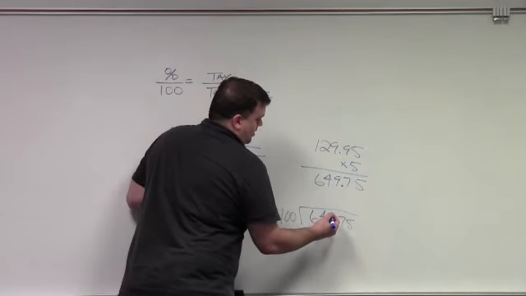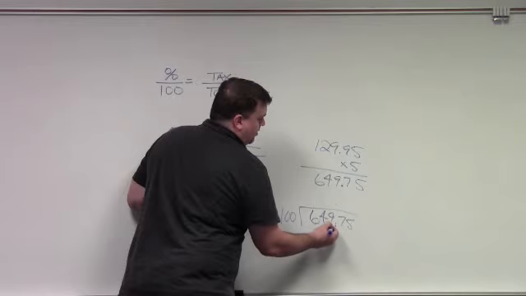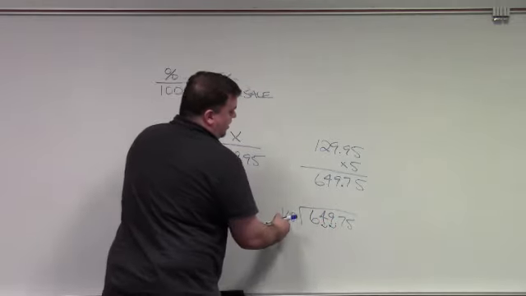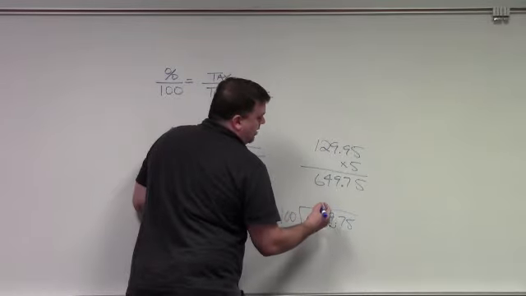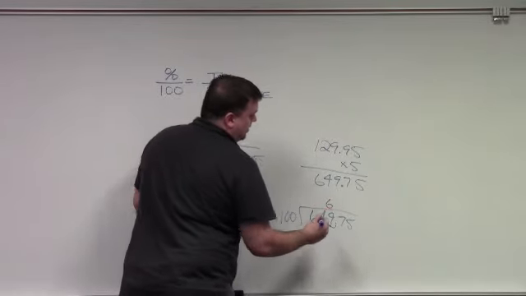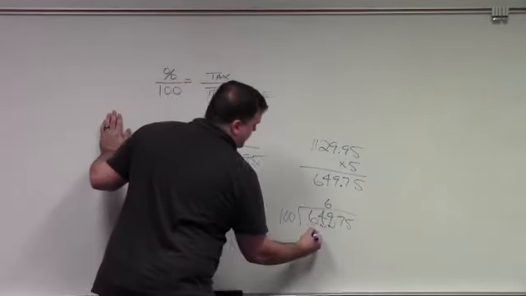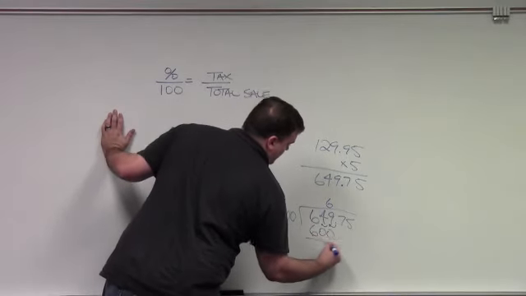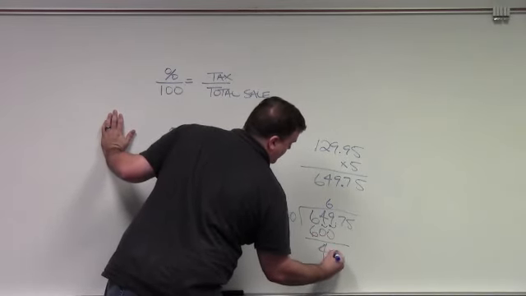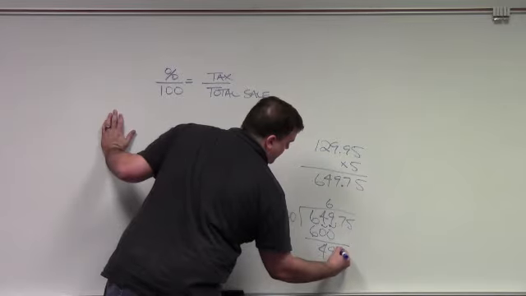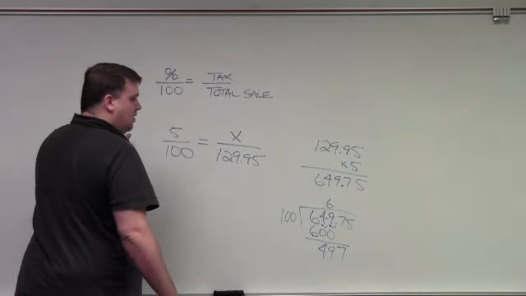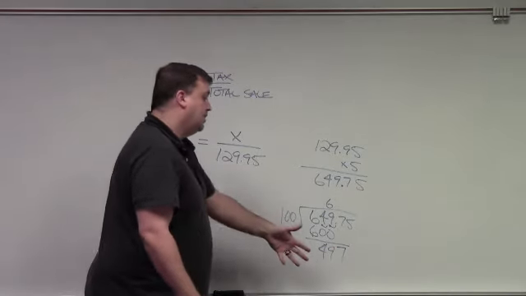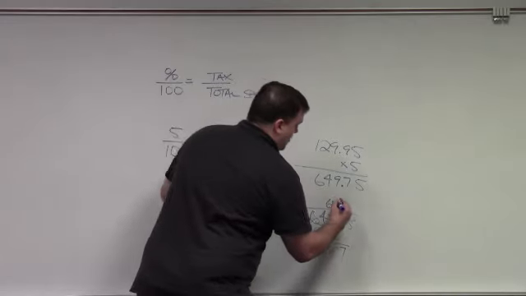Let's work it out the long way now, in case you don't remember that trick. 100 goes into 649 how many times? 6. 6 times 100 is 600. That leaves us with 49, and then we'll just drop a 7. How many times can 100 go into 497? 4.